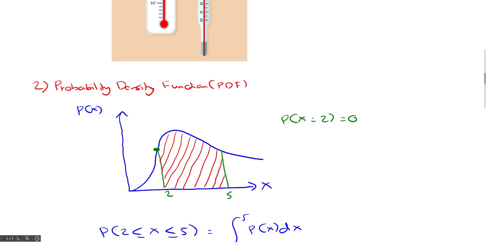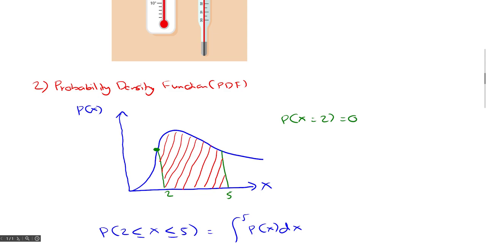Now that we know what a continuous random variable is, let's talk about the probability density function, or PDF. The PDF is a mathematical function that describes how the probabilities of continuous random variables are distributed across its possible values. And the key thing to remember is that the PDF doesn't give us the probability of a specific value. Rather, it gives us the density at each point.